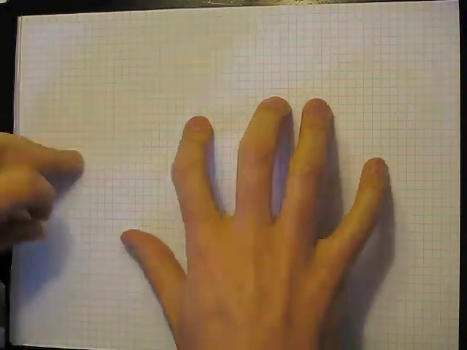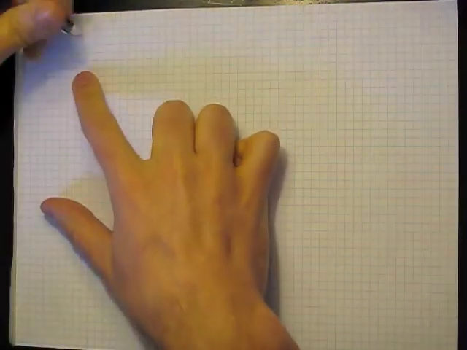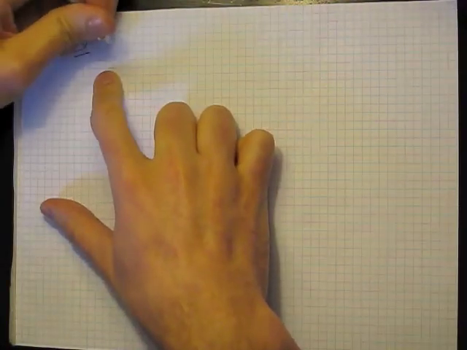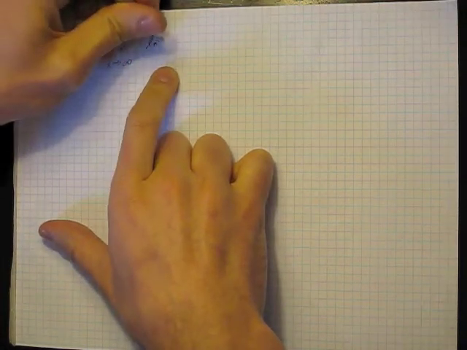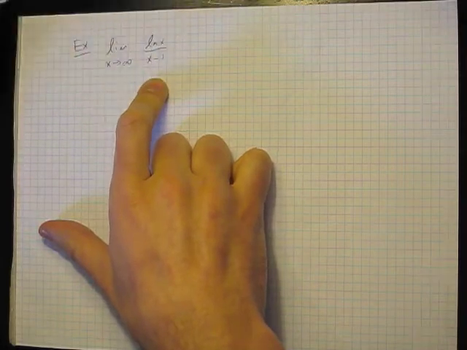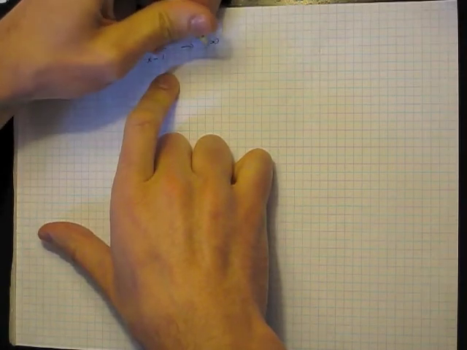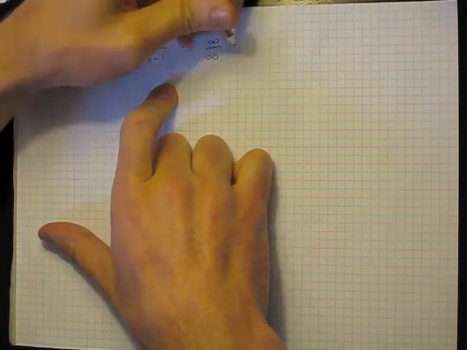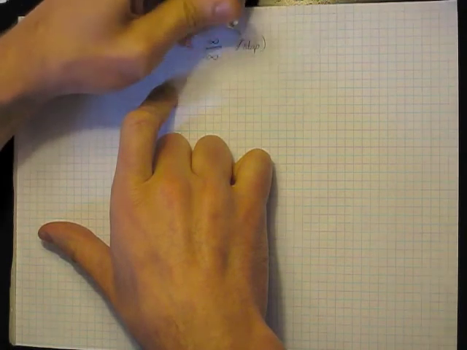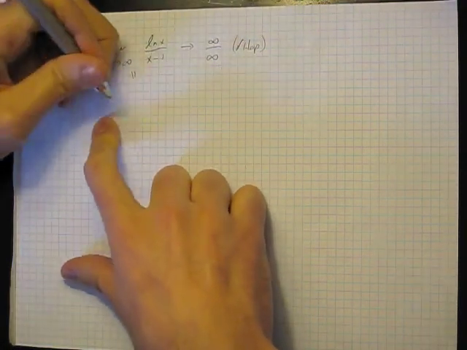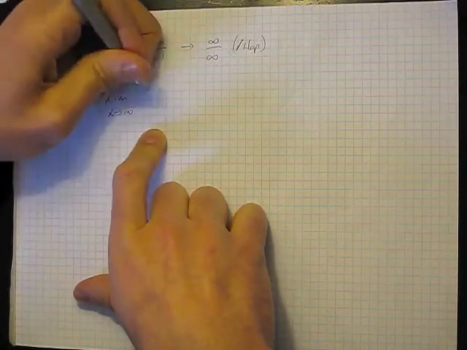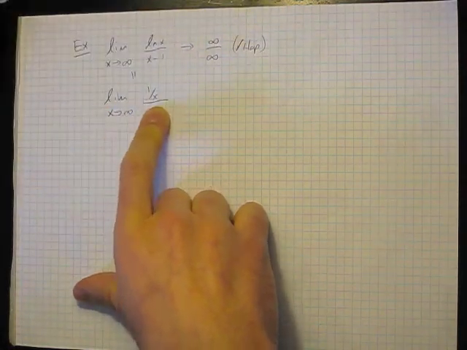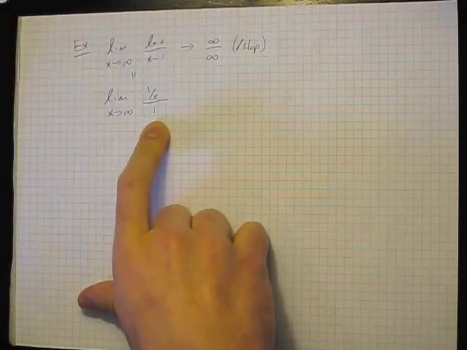Very good. Maybe another example that we listed on the first page. This was the limit as x goes to infinity of log of x over x minus 1. We observed before that this was going to infinity over infinity, so L'Hopital's rule applies. And so we can compute this. The limit as x goes to infinity of the derivative of log, which is 1 over x, and the derivative of x minus 1 is just 1.